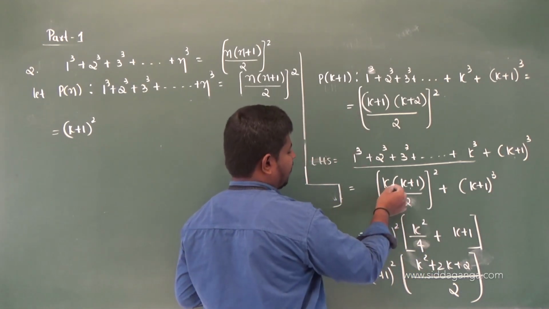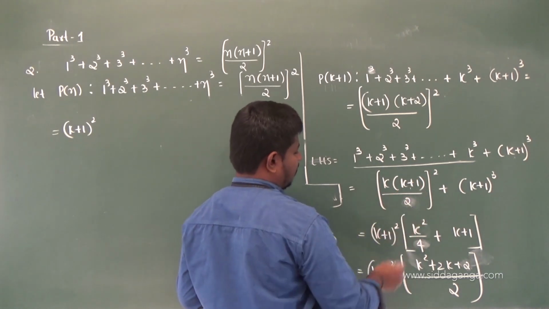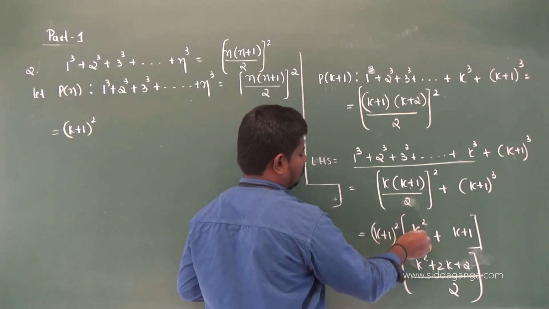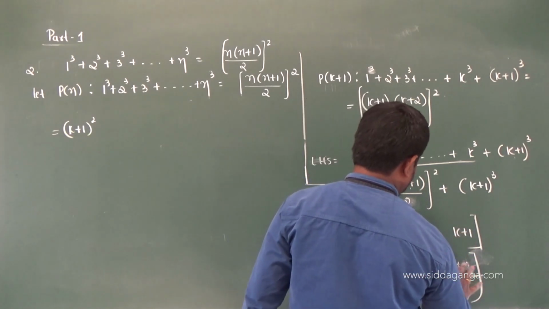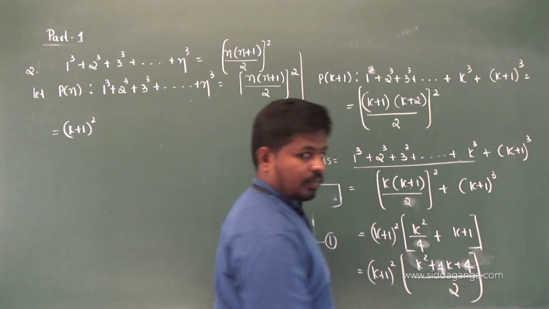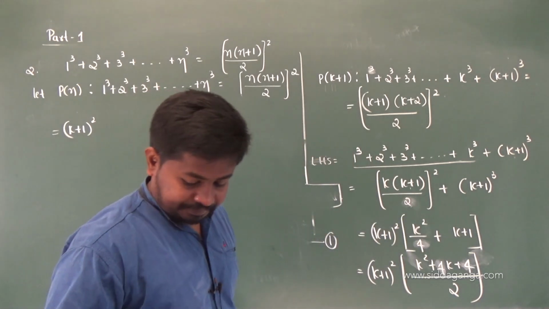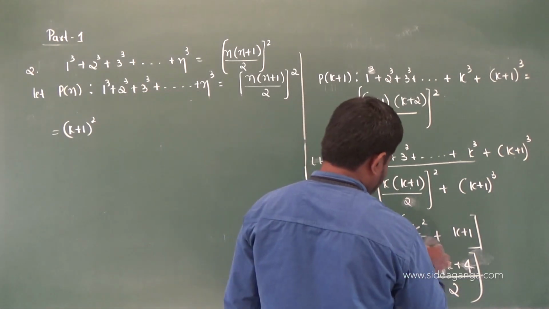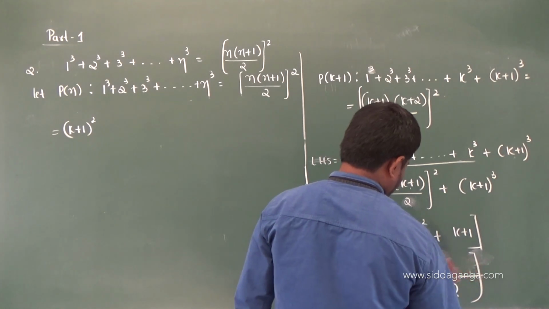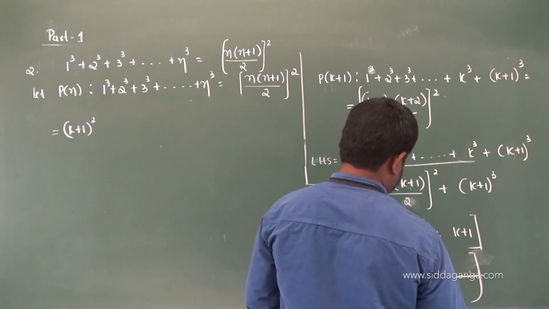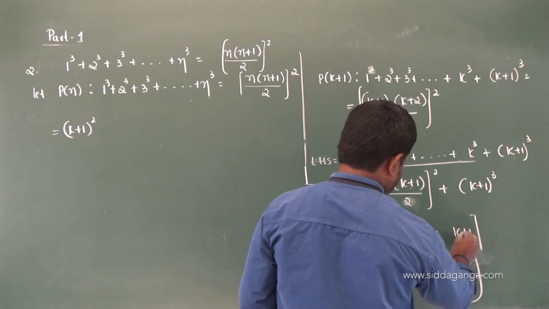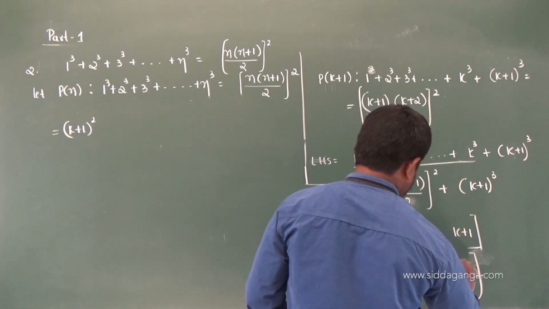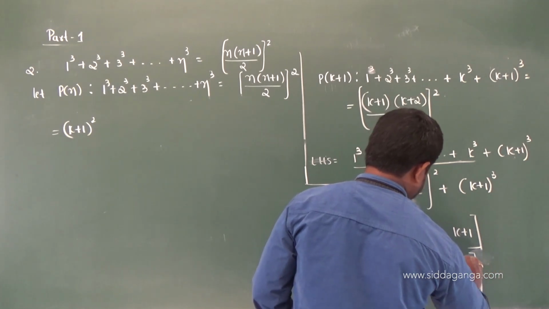Because k square, (k plus 1) whole square by 2 square. (k plus 1) whole square is taken out, so remaining is k square by 4, so 4 into this, you get 4k plus 4. k square plus 4k plus 4.